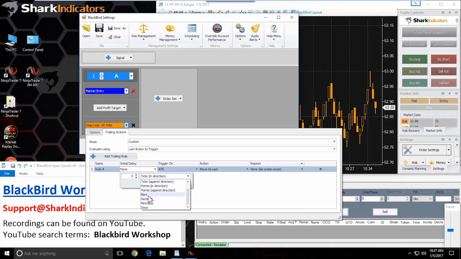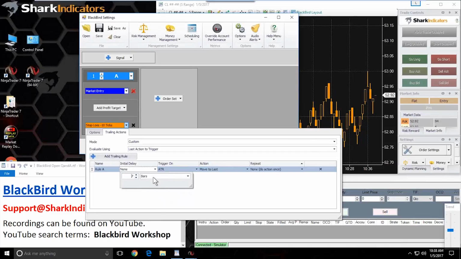Bars would be a counting mechanism. If you wanted to wait 7 bars before you execute a trailing rule for some reason, that would just be a countdown. The same goes for points and ticks; those are countdowns as well.